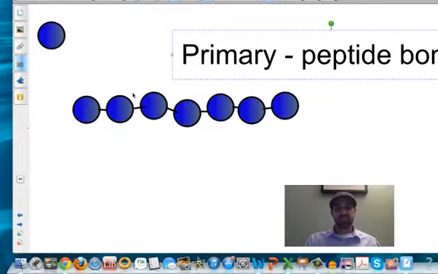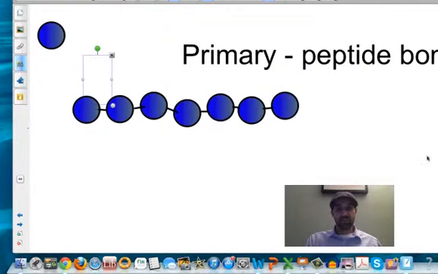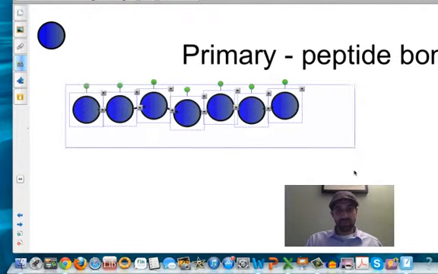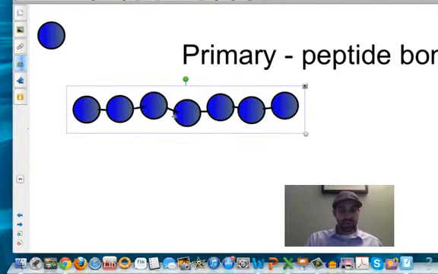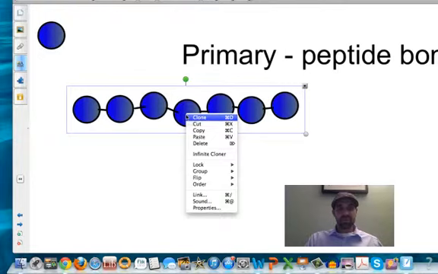So primary structure is the peptide bond, so whoever is dealing with the peptide bond, you understand what's going on here. And so what I'm going to do is group these up for you, and I'm going to put them on the other page so you can build what I'm talking about and understand what's going on.